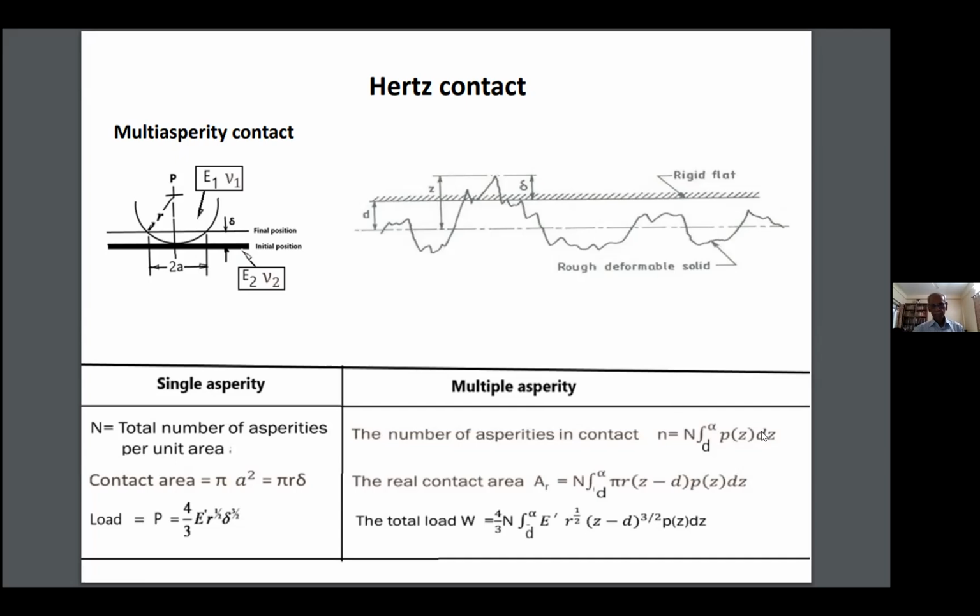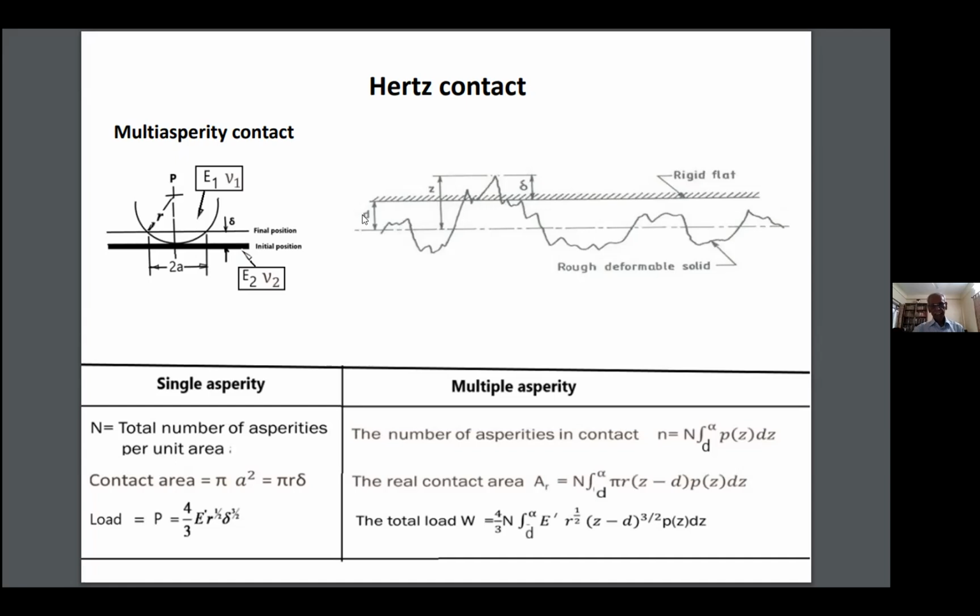But here we'll see later that there is a problem. The problem is that at any given point, we can measure Z, because that we know, the topmost point. And we can also measure delta, because we can see how much it has deformed.